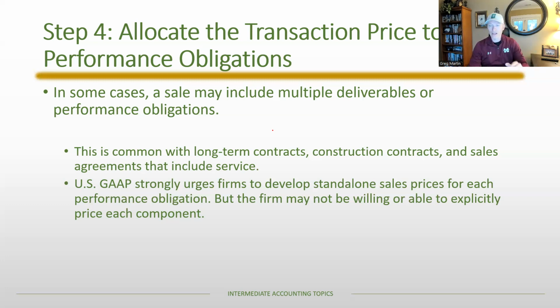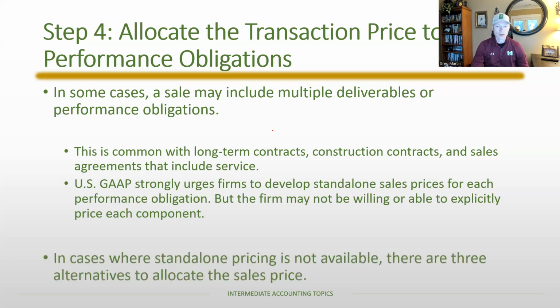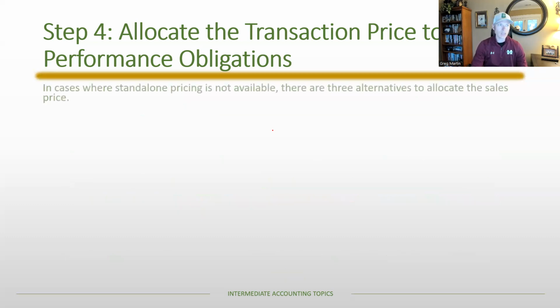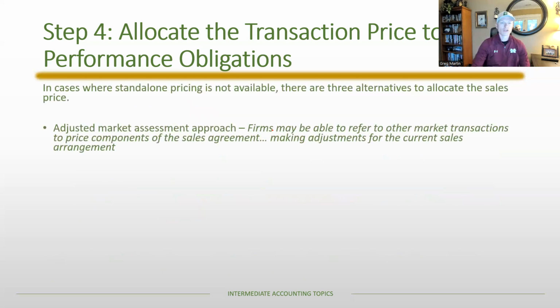But regardless of all of that, sometimes there may not be standalone pricing, even though it's desired under US GAAP. So if it's not available, basically there are 3 alternatives. The first alternative is called the adjusted market assessment approach. So in other words, you may be able to look at other market transactions to price every component of the sales agreement.